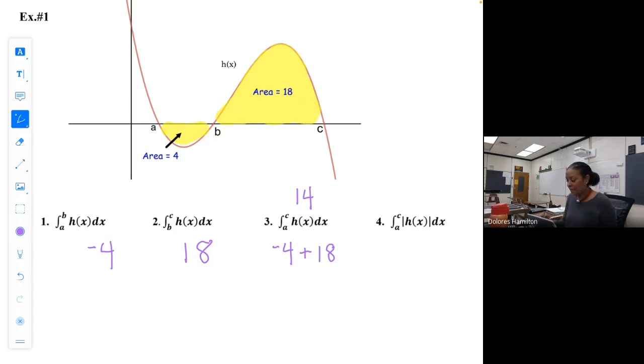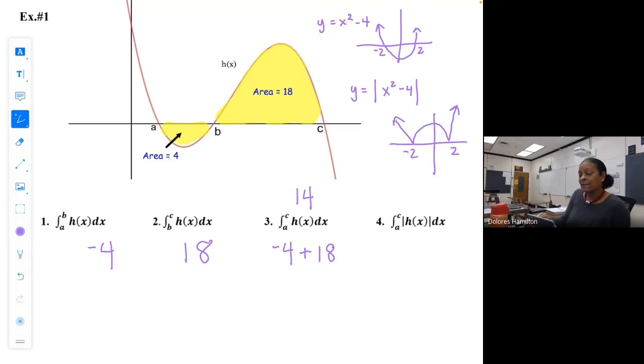Lastly, think about what that absolute value is doing. I'll give you an example. We all know what the graph of x squared minus 4 looks like. It looks like this. If we were asked to graph the absolute value of x squared minus 4, that graph would look like so, because we're taking everything that was negative and, it's absolute value, right? So it's going to be positive.